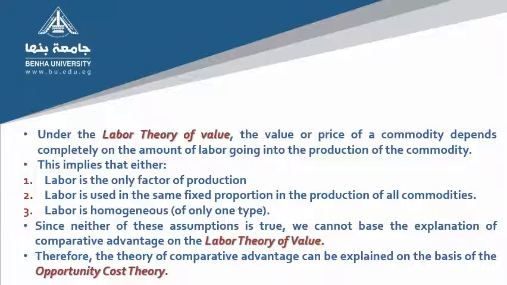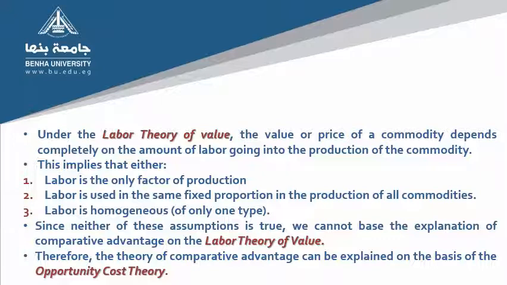At the very least, we should allow for different productivities of labor. Since neither of these assumptions is true, we can't base the explanation of comparative advantage on the labor theory of value. Therefore, the theory of comparative advantage can be explained on the basis of the opportunity cost theory.